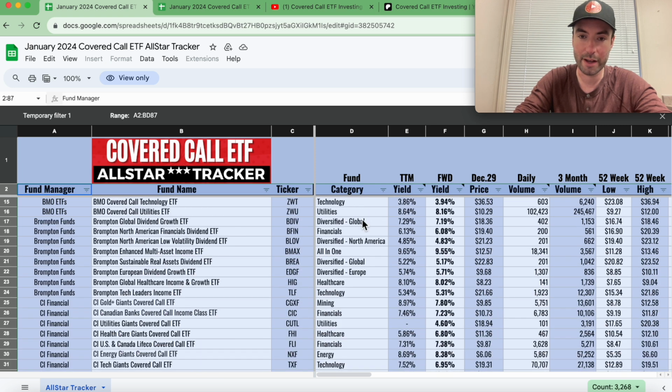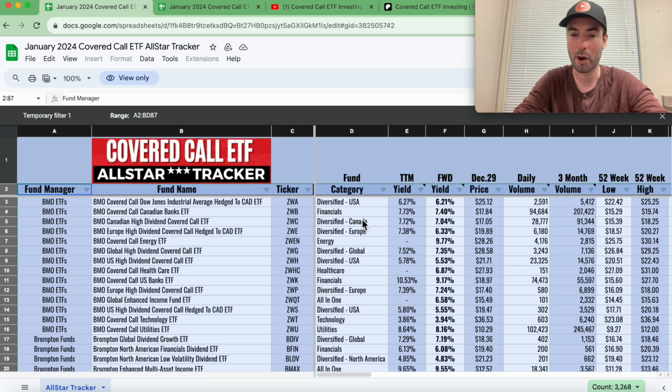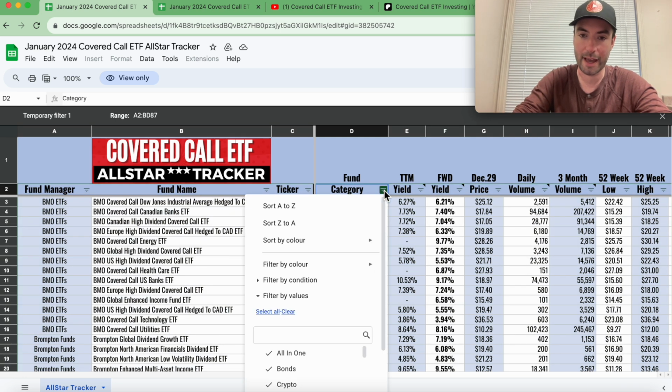Fund category is basically sectors. This is something I'm probably going to separate in time and have two columns instead of one, one for sector and the other for geography, like where it's mostly located. But for now it's in one umbrella term with fund category.